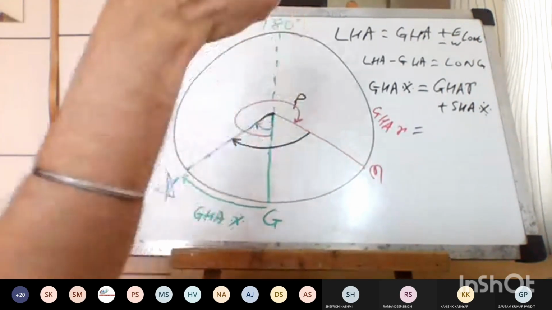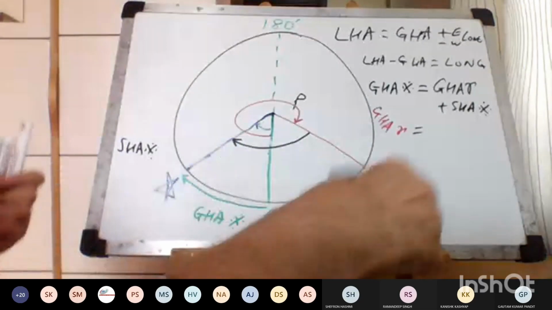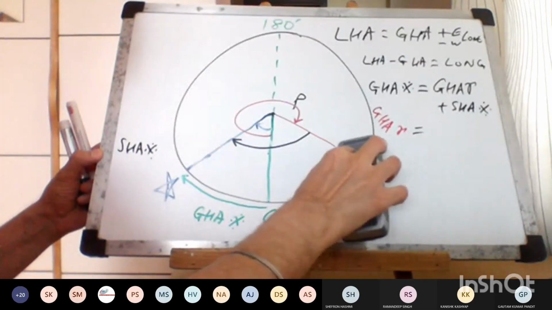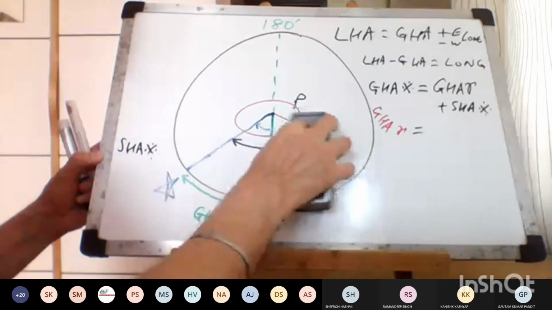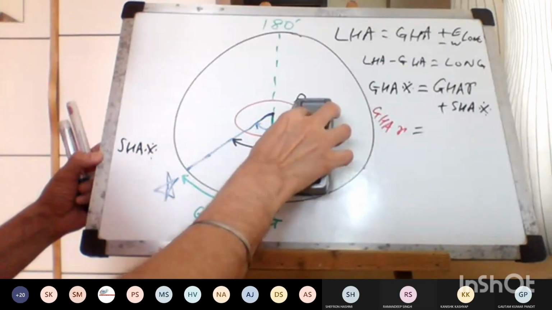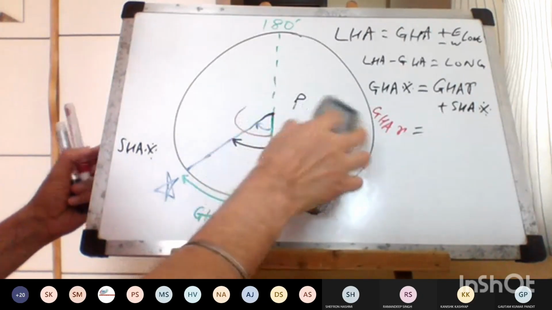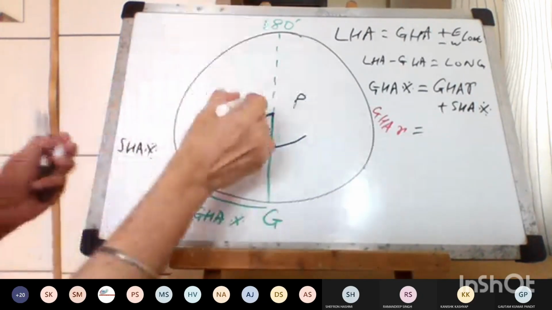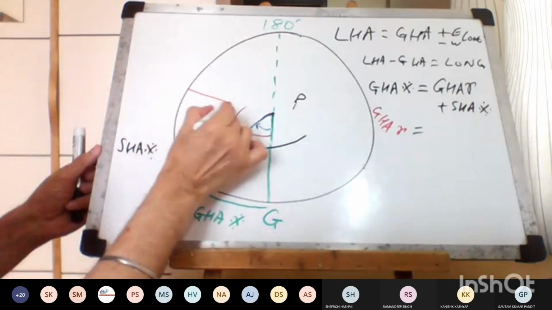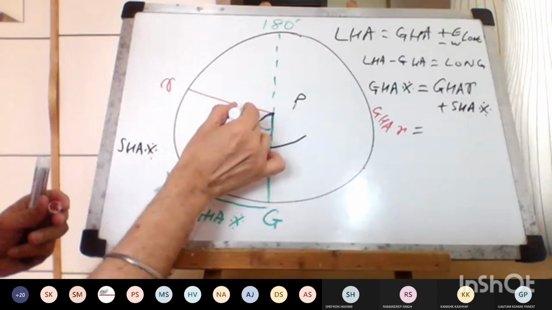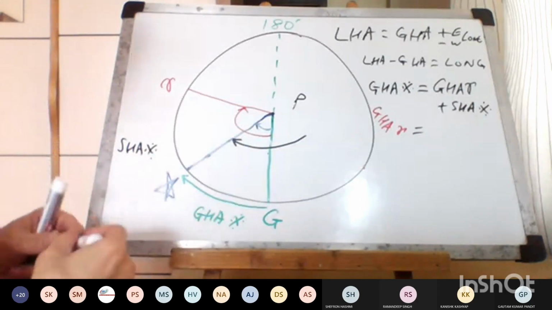For easy understanding, I will draw Aries on this side so that those of you who are not able to understand this second part first will find it easy. So let us say I draw Aries over here. Then maybe it will be a little easy to understand.